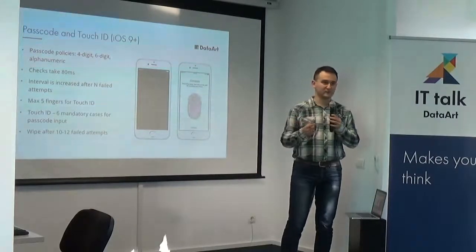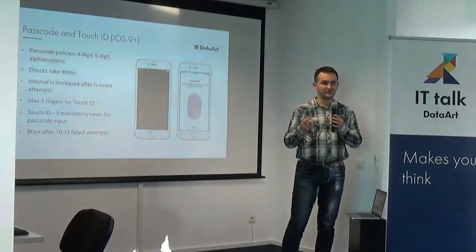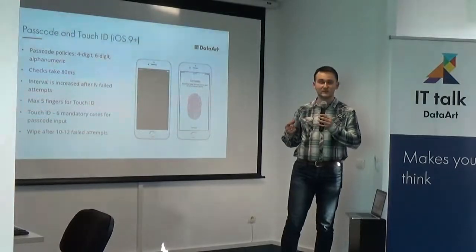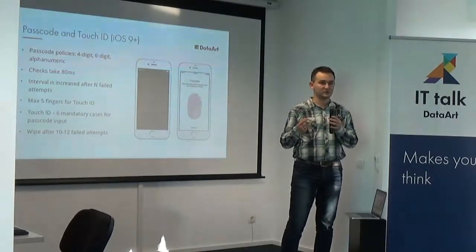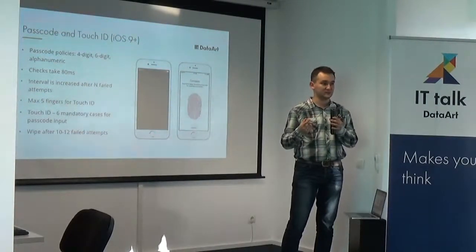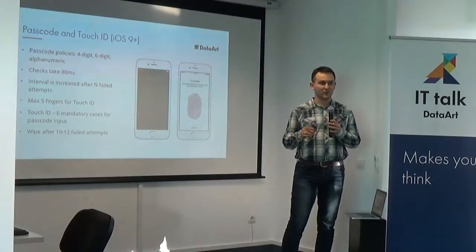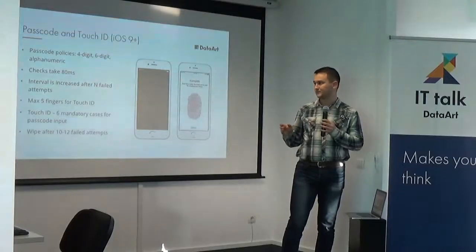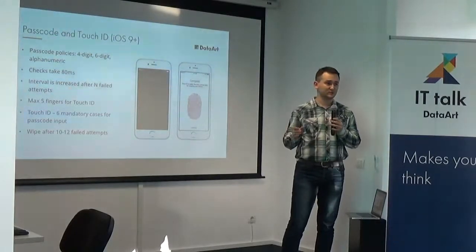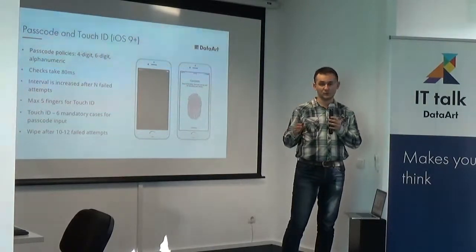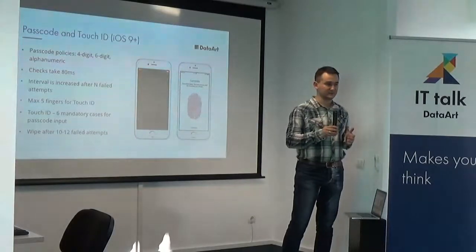To prevent timing attacks on encryption, Secure Enclave has a constant interval fixed at 80 milliseconds to check whether the passcode is valid. So when you input it, independently of the length of your passcode, you will receive the same time delay.